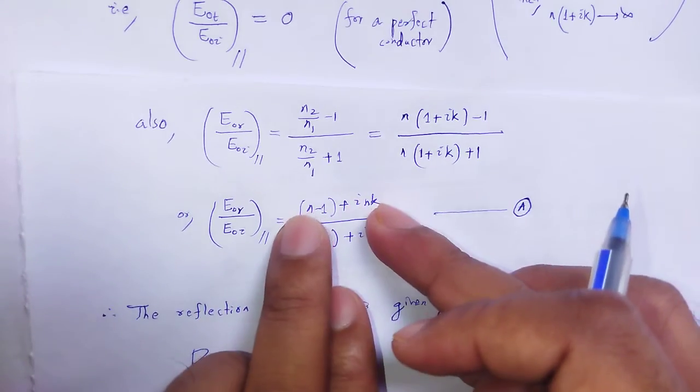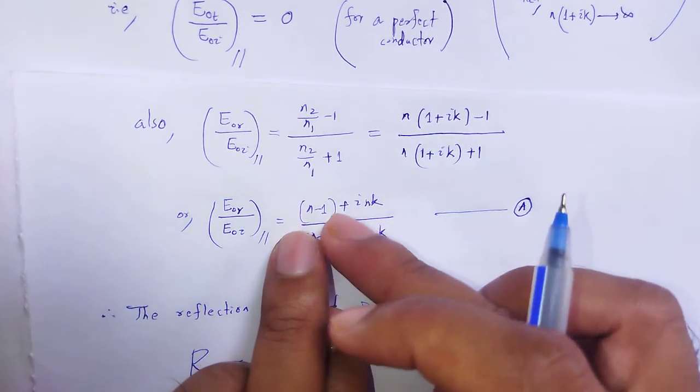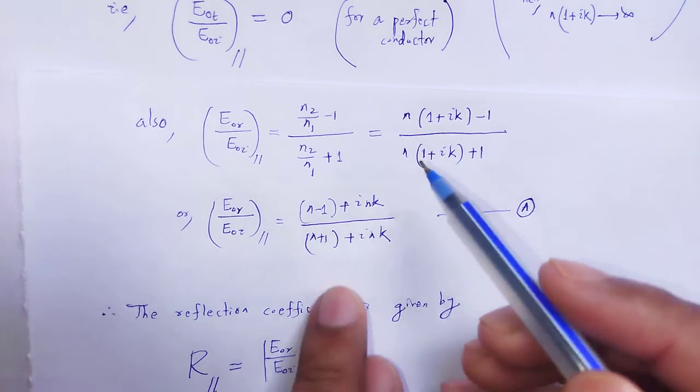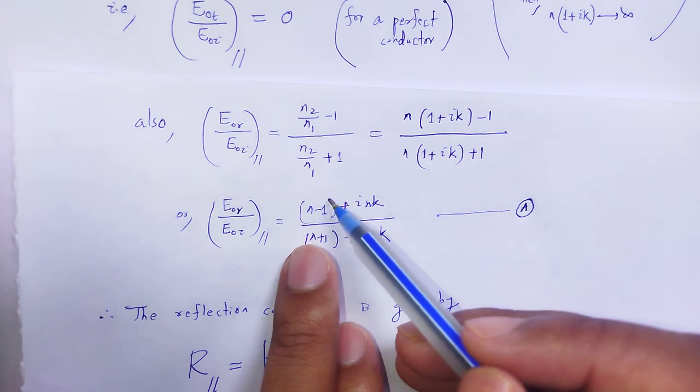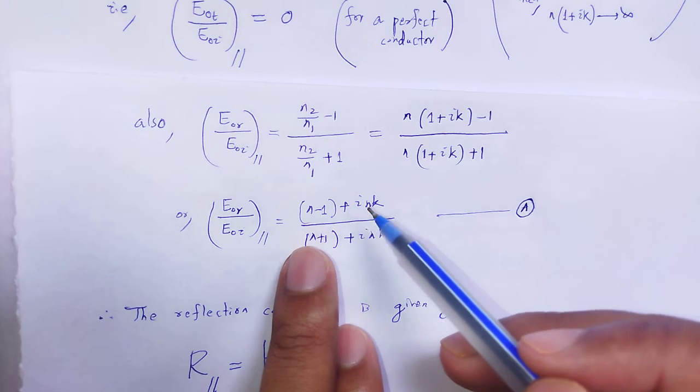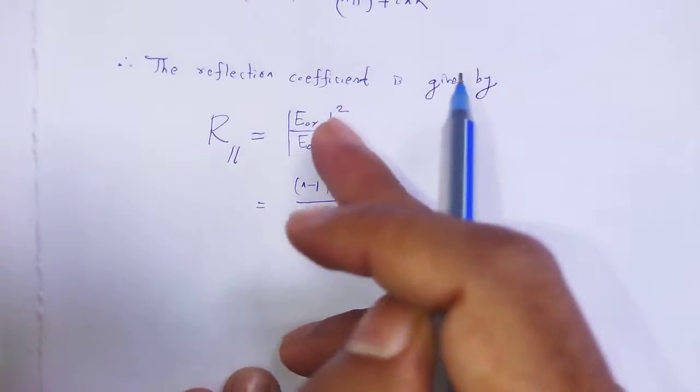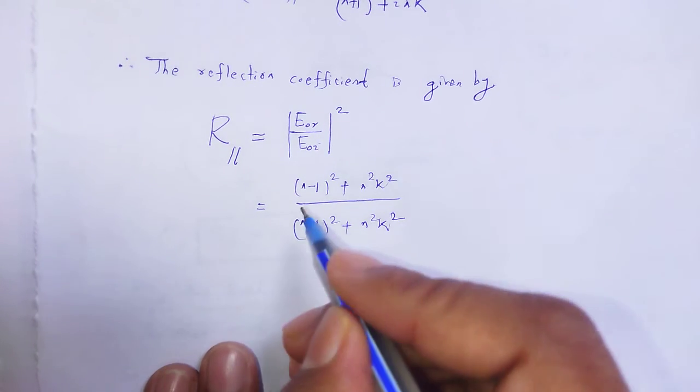It is a complex term. Its magnitude is its real term square plus imaginary term square under root, and its square.